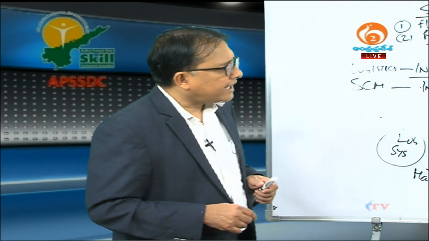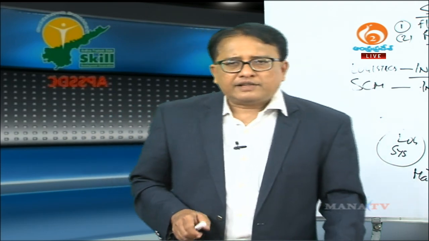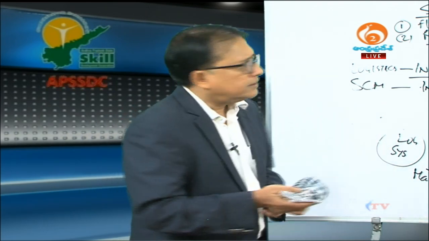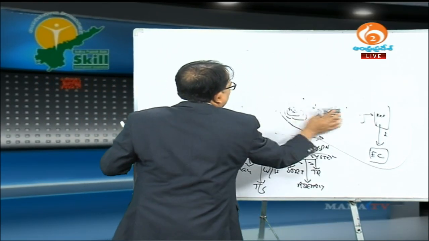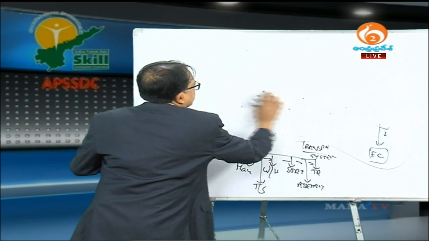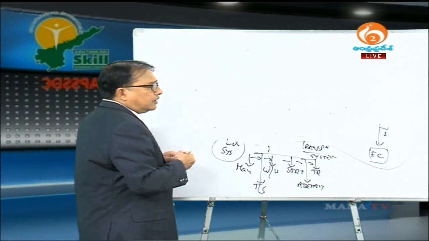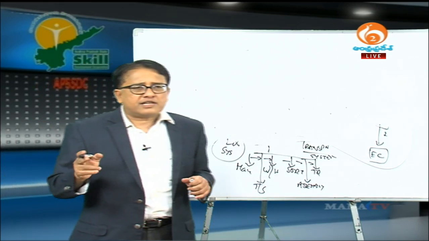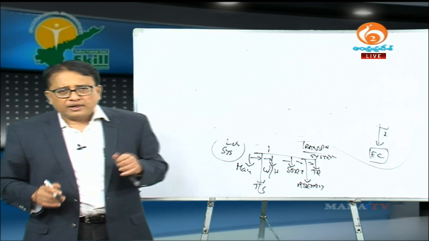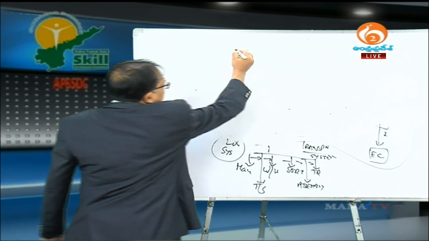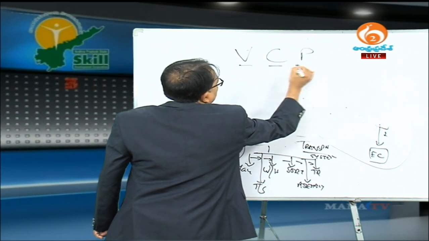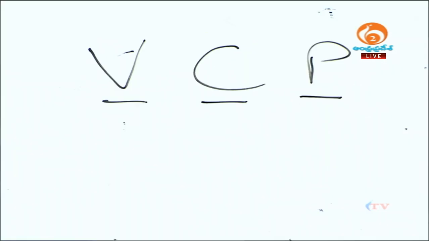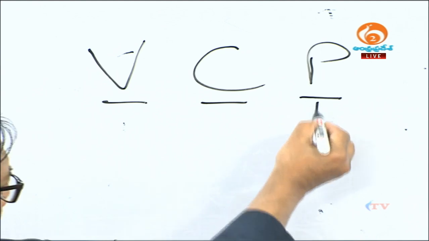The next slide tells you about the vendor compliance program. Now students, I have told you whenever we discuss a subject or a chapter, it is important for us to understand. So this is a program.